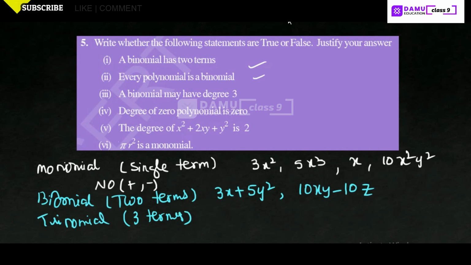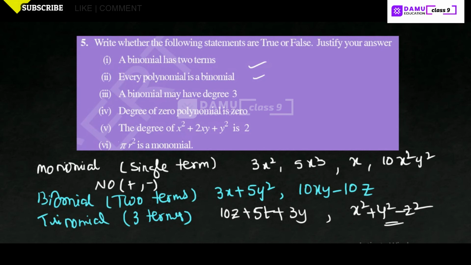Let's take 10z plus 5s plus 3y, or x square plus y square minus z square. Like this, it is a trinomial.